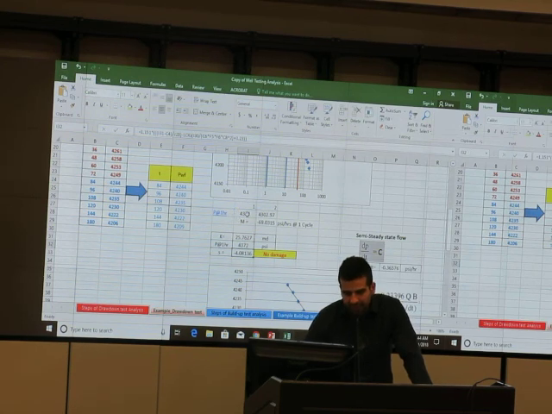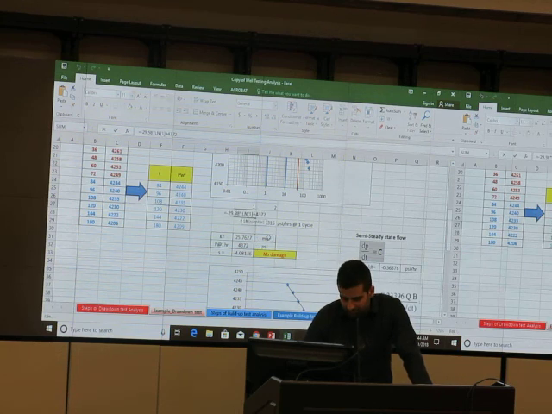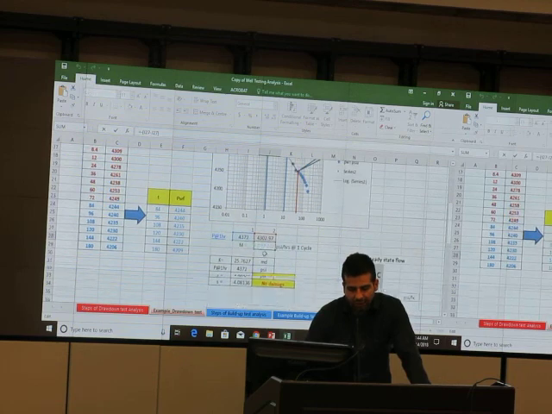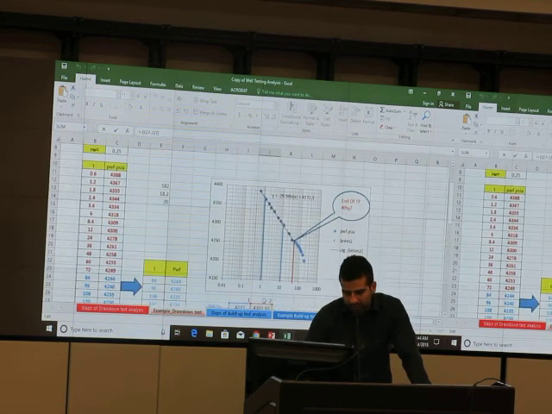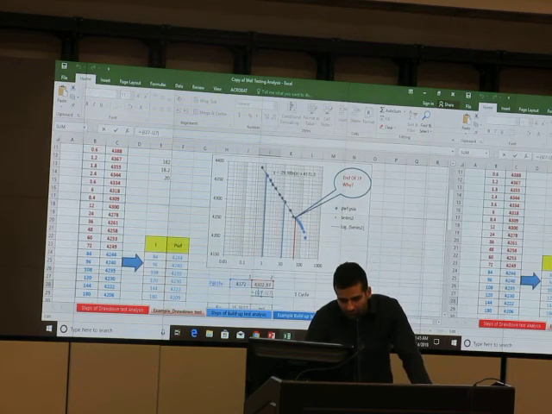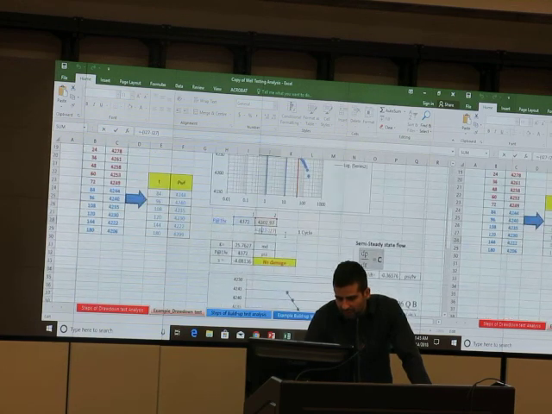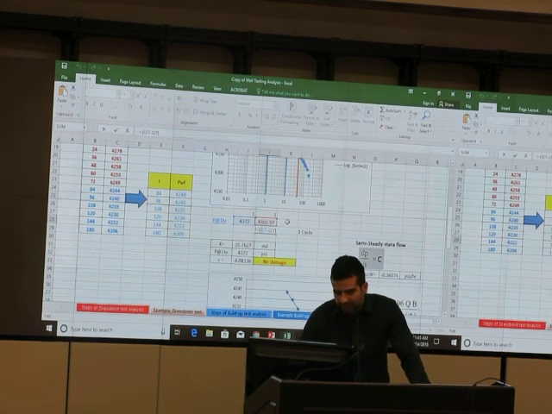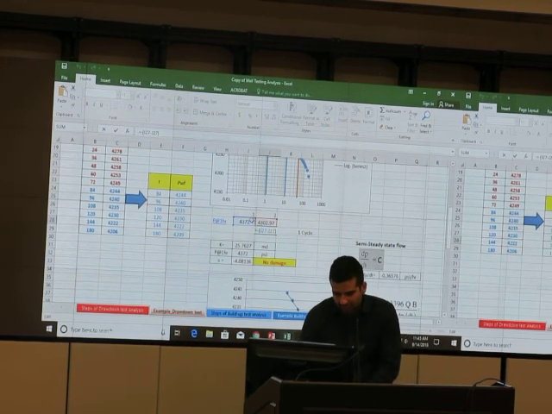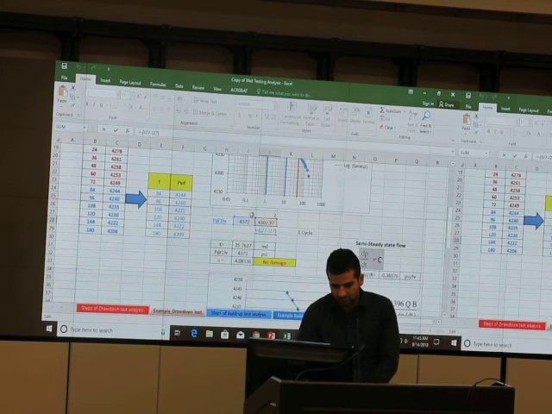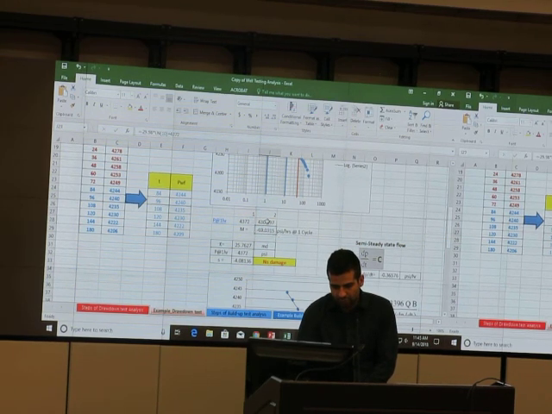The pressure difference for the 1 hour, here, use the 1 hour. So you have the one at 1 and you have the one at 2.